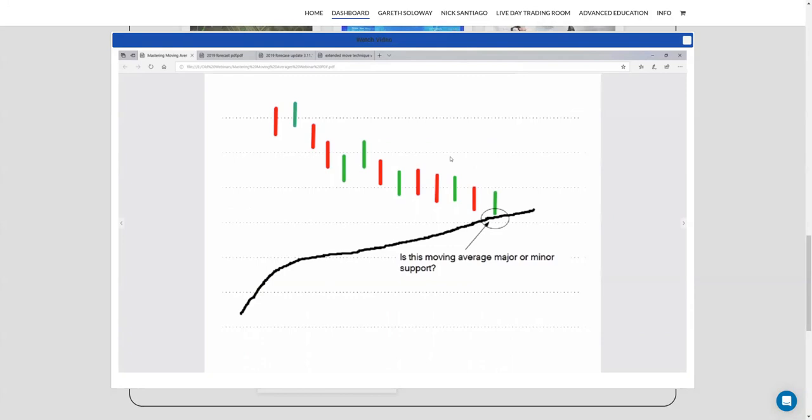Now, what if you get something like this? Major or minor? So it's kind of slanting down there. What would it be? Yep, Bill's saying it looks a little minor. Rod's saying it could be major. Osrin saying maybe major. Here's the rule.